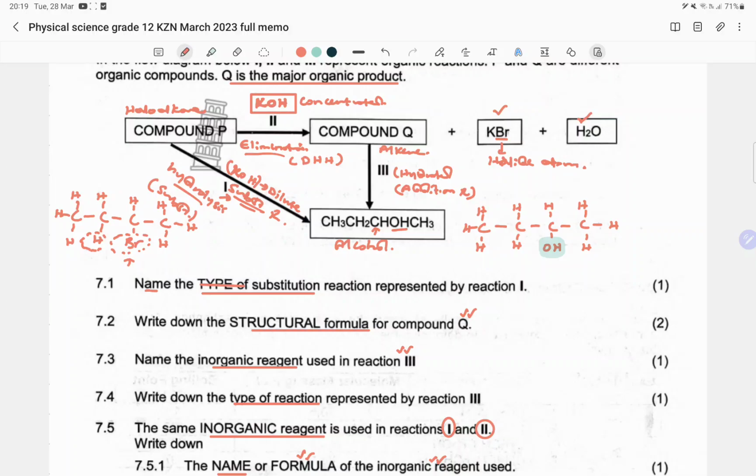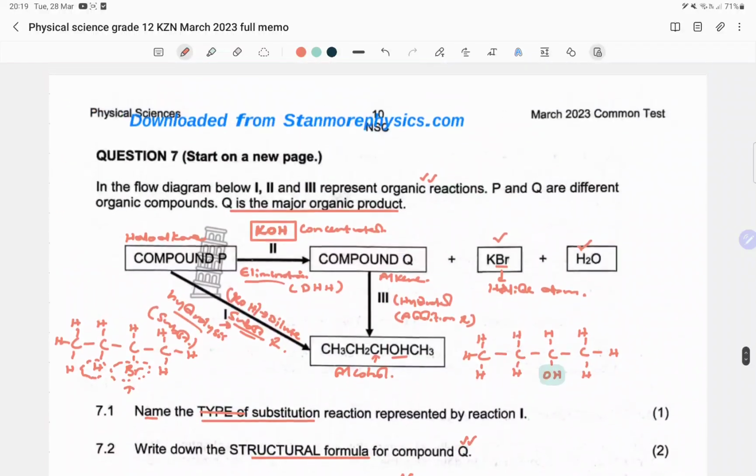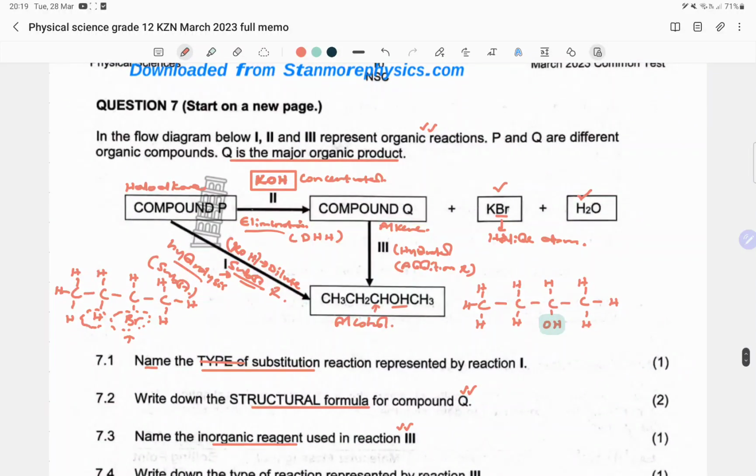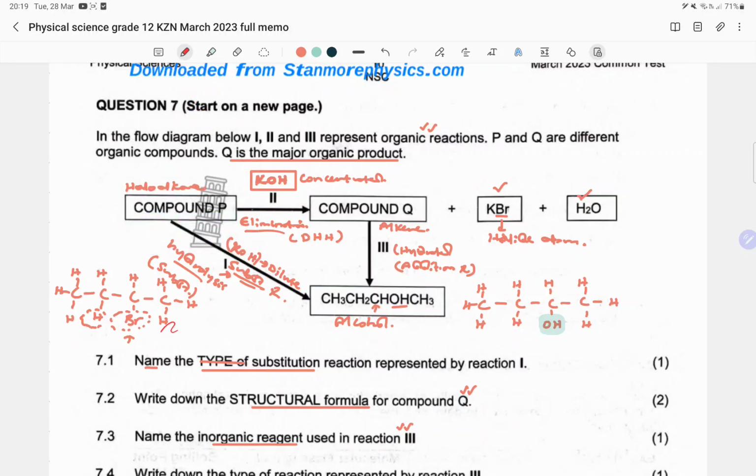All right, guys. Enough of the talking. So I want the IUPAC name. So my problem is that with this structure right here, so let's just change stuff. So here we are.